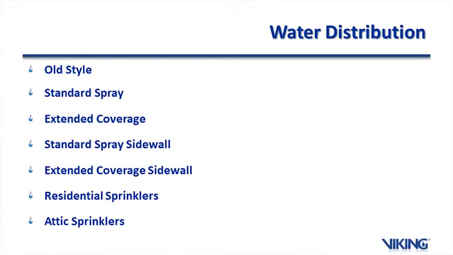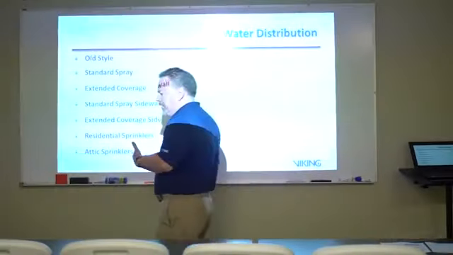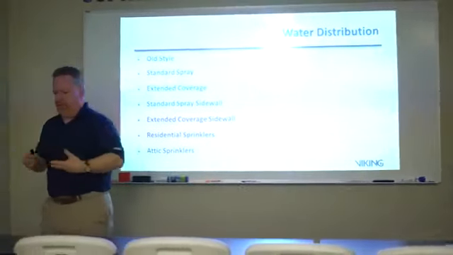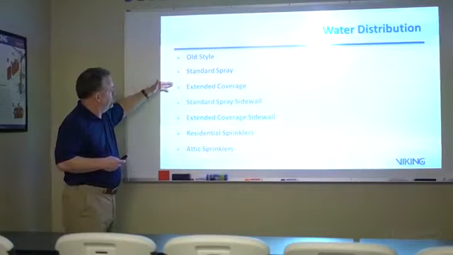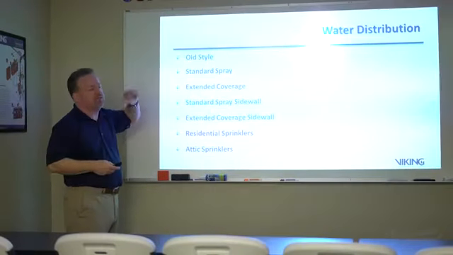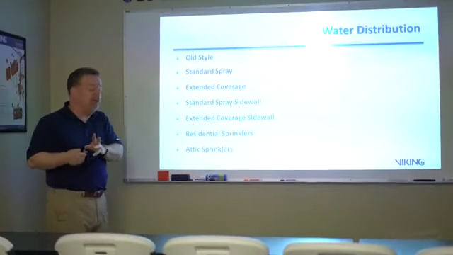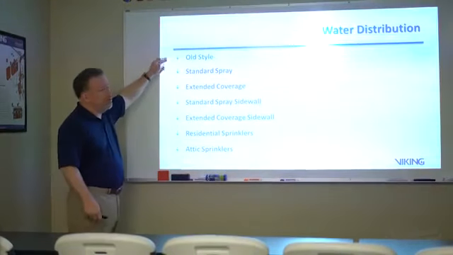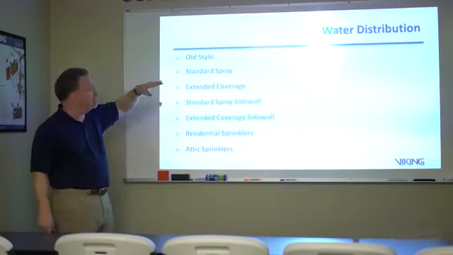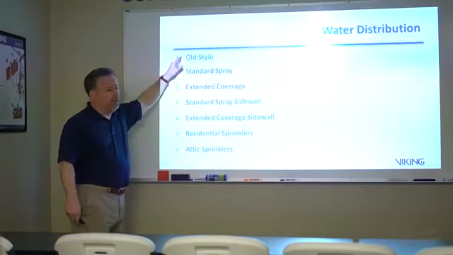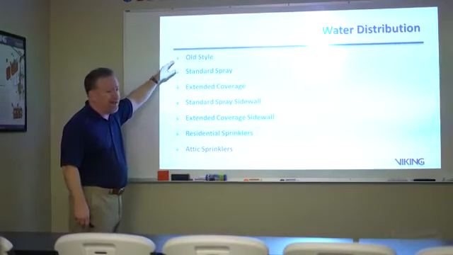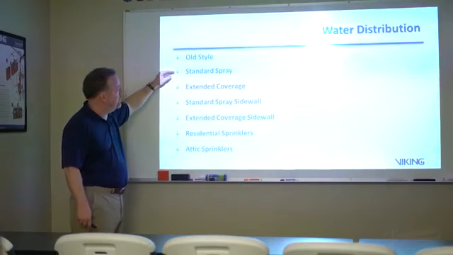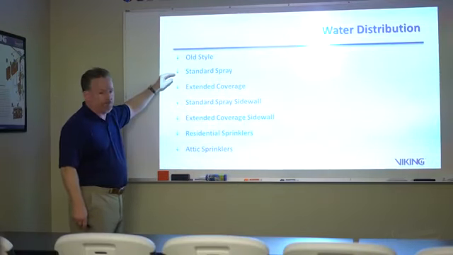So over time, we have developed a series of different types of sprinklers that you may encounter in some of your buildings. The old style sprinkler, we'll show you a picture of that in a minute, was used up into about the 1950s, and then we went to the standard spray.